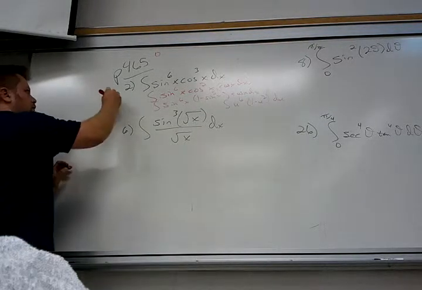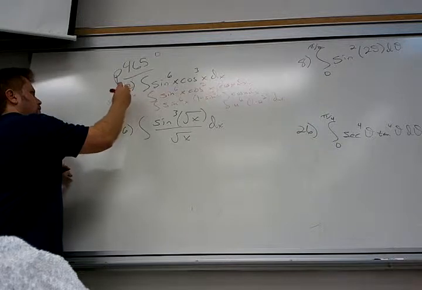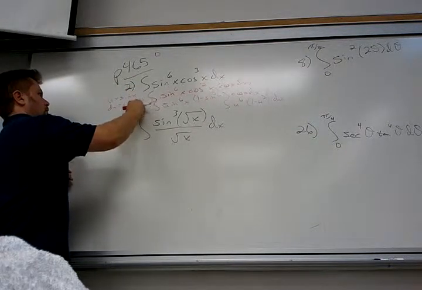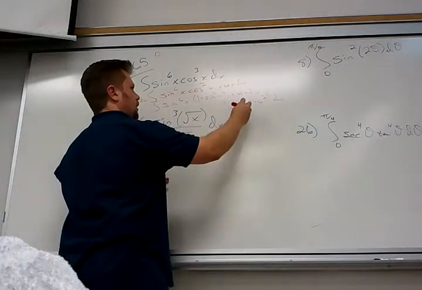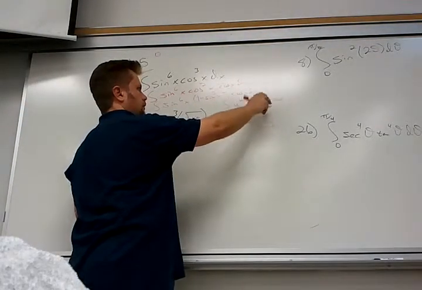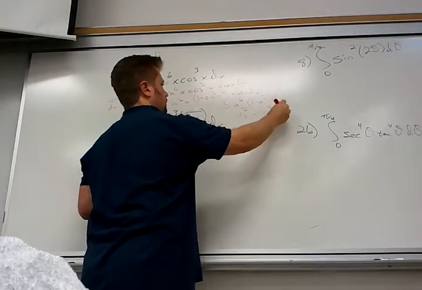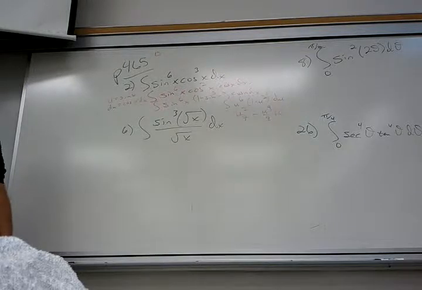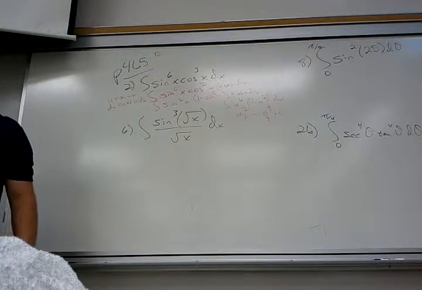So let me just remind myself u is sine, du is cosine. And then I get u^6, so u^7 over 7 minus u^8, so u^9 over 9. I integrated too, sorry. You get u^8, because you multiply.